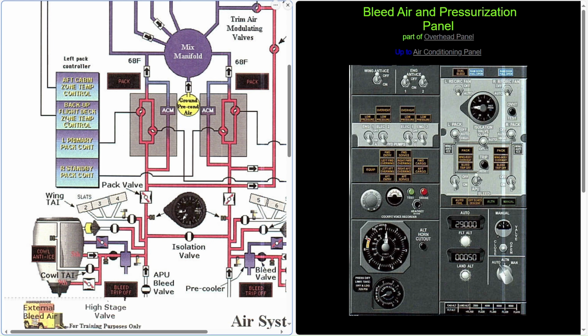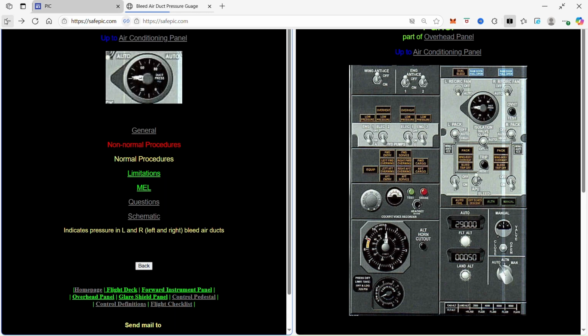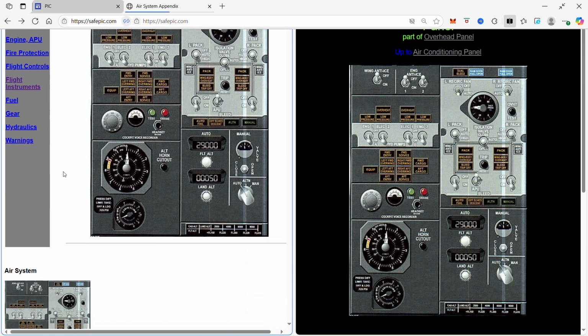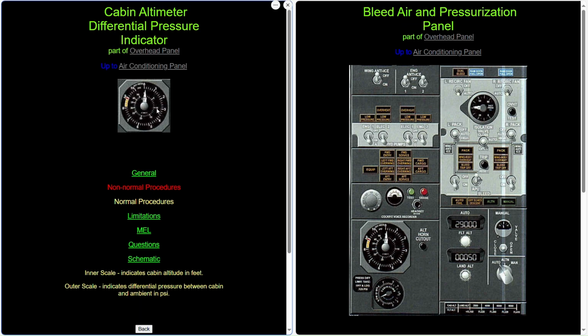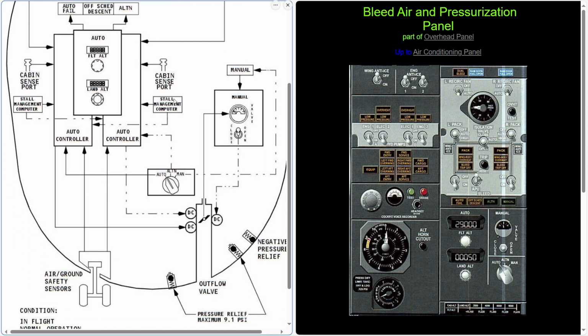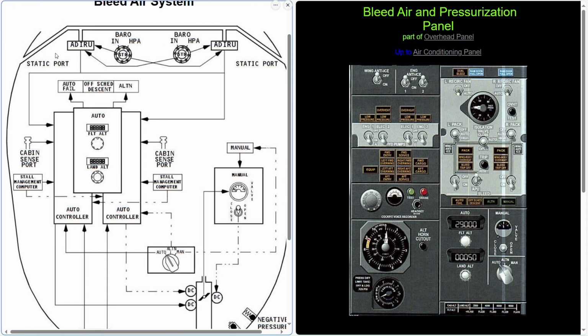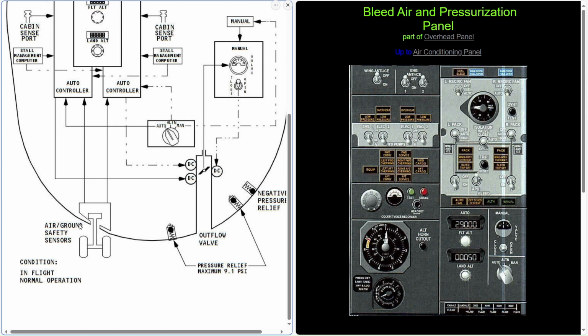Now there is one more thing I wanted to go over here, and that is the pressurization. This is a little different. So we go to the pressure gauge now, and we go to the schematic. You see here we have the bleed air system for the schematics for the bleed air system. This is actually the pressurization. So it is going to tell you how all of those switches work.